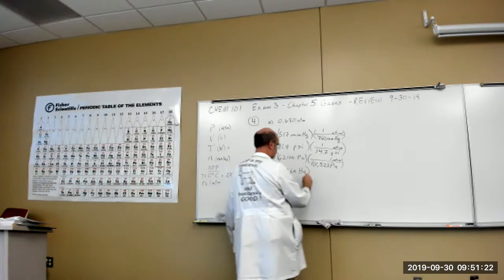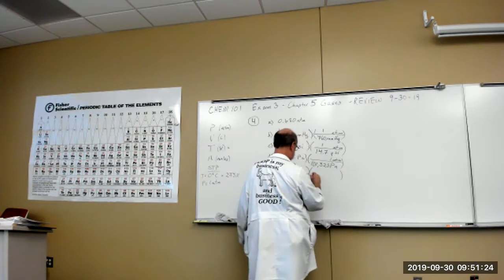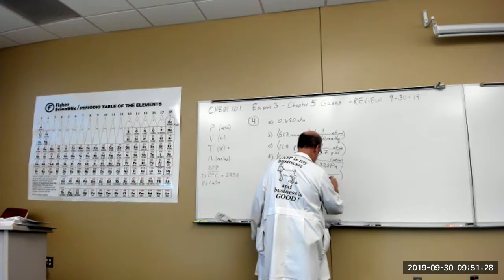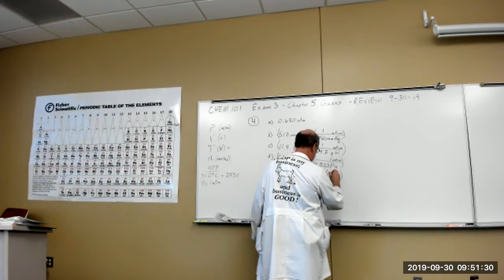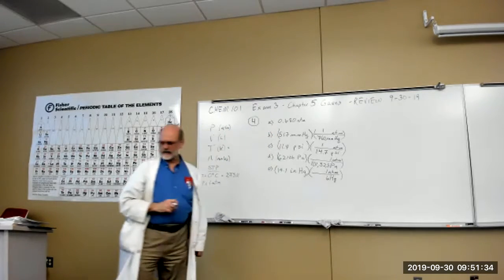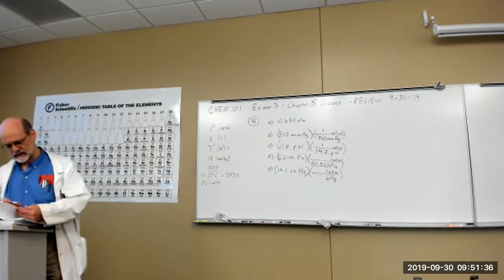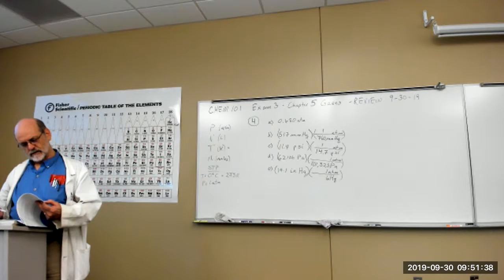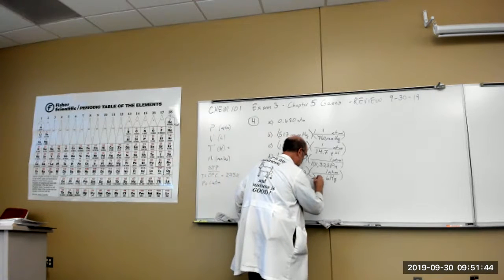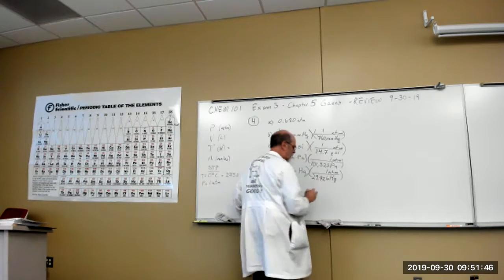How about this one? Inches of mercury in 1 atmosphere. I think it's 29.92, but let me check to be sure. Inches of mercury. Yeah, 29.92. And these are all values that are given in the useful information.